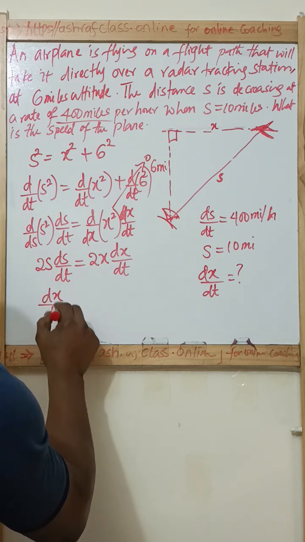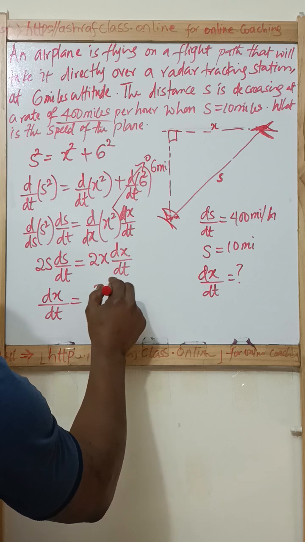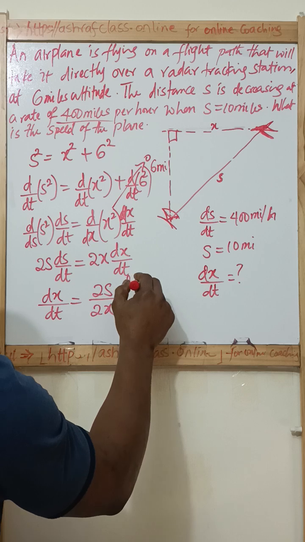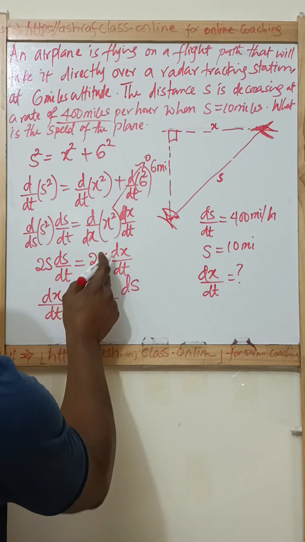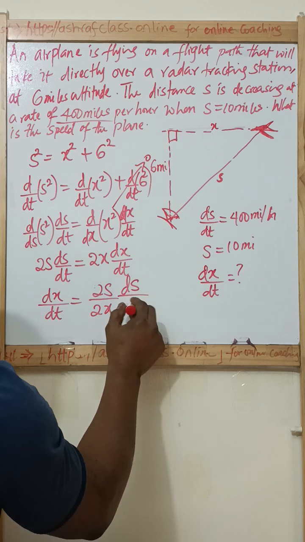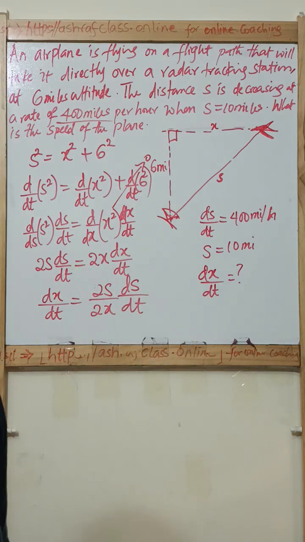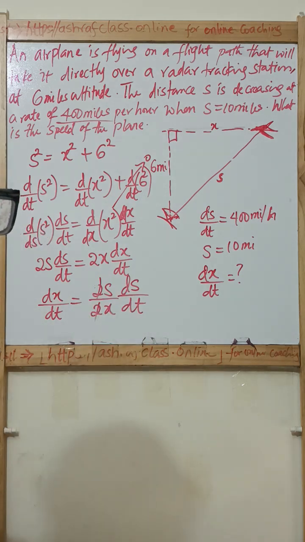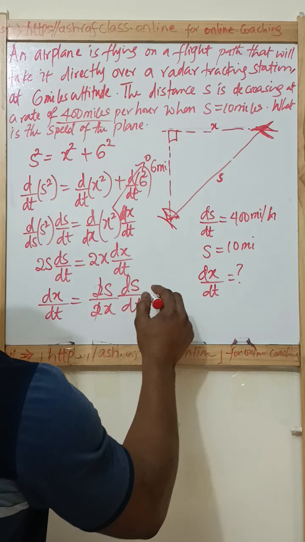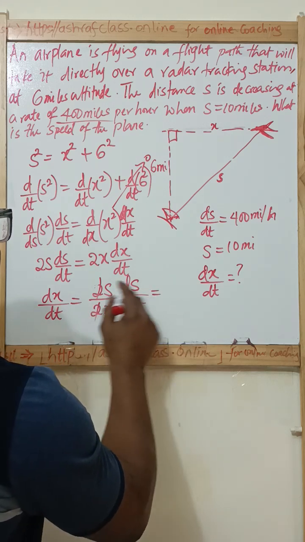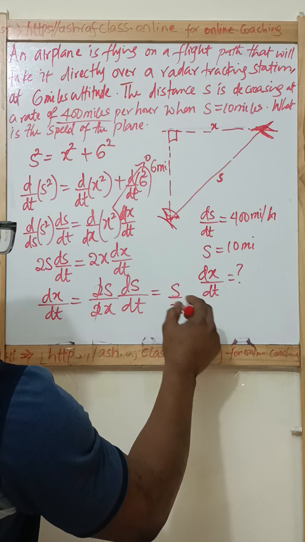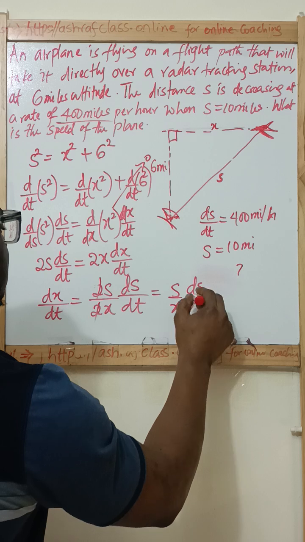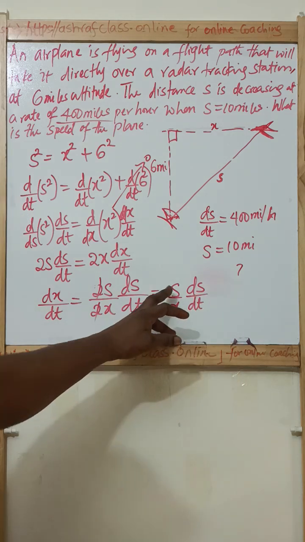So dx/dt is going to be 2s over 2x, then ds/dt. Okay, so this is going to cancel, and we are going to have our expression to be s over x times ds/dt. Now, what is s?